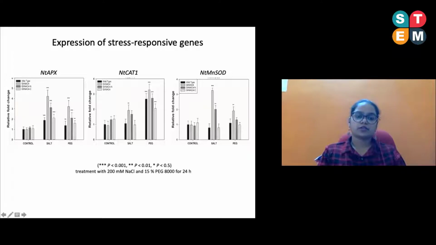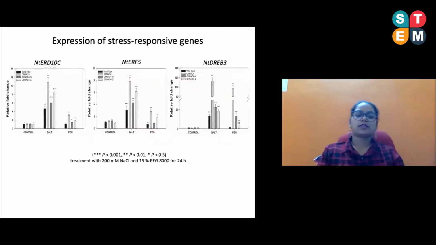We studied the expression of ascorbate peroxidase, catalase, and superoxide dismutase. And we observed that under both the salt and the drought stress, there was a very high upregulation of transcripts of these antioxidant enzymes in transgenic plants as compared to the wild type plants.